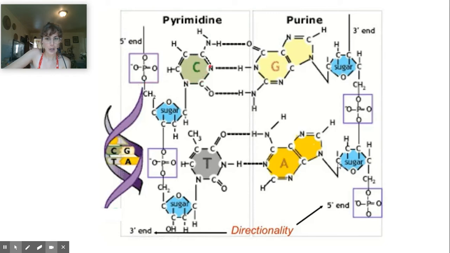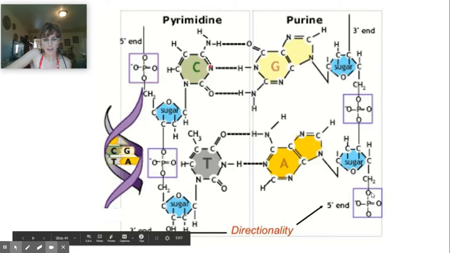I have carbon 1 here, which we all know is attached to our nitrogenous base. In this case, it's our adenine. Okay, and am I going to go this direction towards the oxygen? Nope, I'm going to count the other way. Carbon 1, 2, 3, 4, and on my 5th carbon, what do I see? I see my phosphate group. So from 3 to 5 on one direction, and 3 to 5 on the other direction.